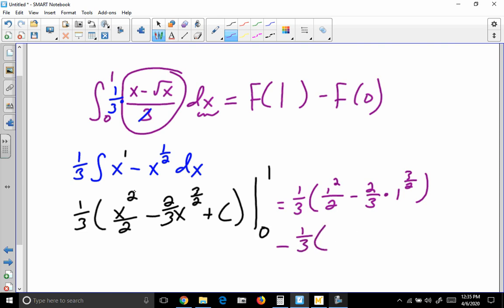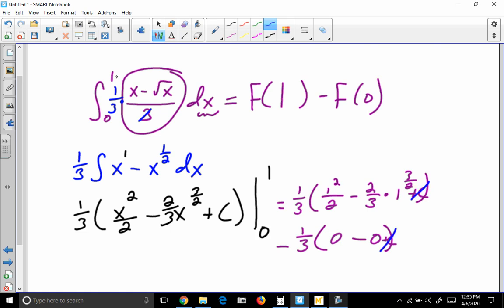So 0 squared over 2 is 0. 0 to any power is 0, times minus 2/3 is 0. And I didn't put the plus c here, here's my plus c here. So we're going to have a 1/3 c here, and we're going to subtract a 1/3 c. So those are just going to cancel out anyway.